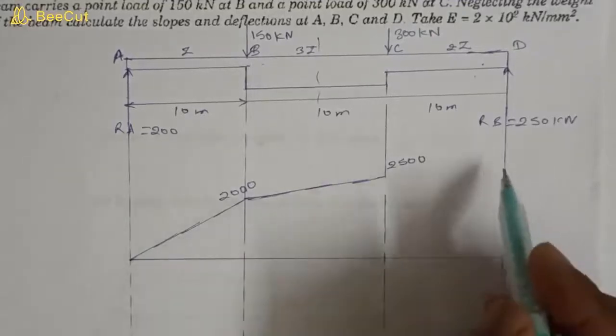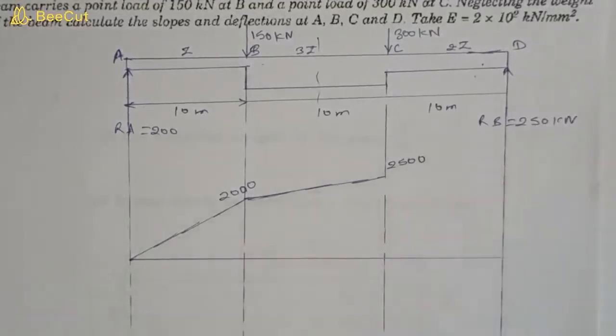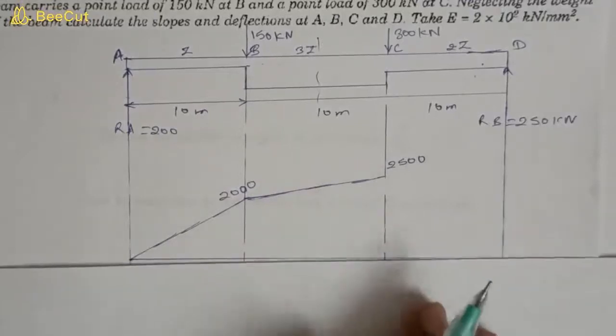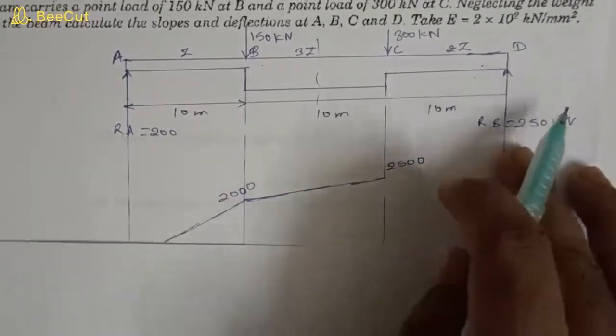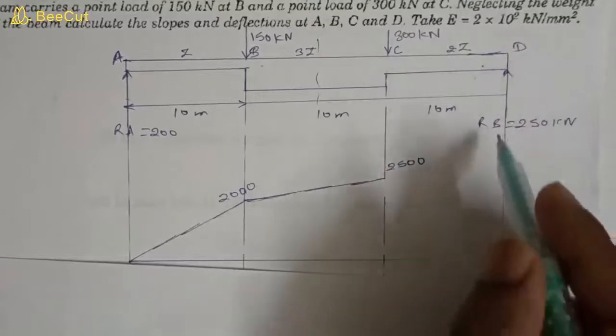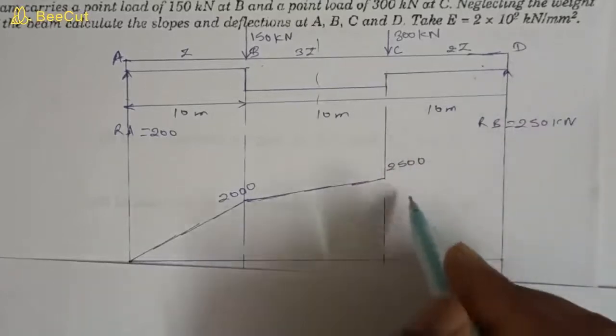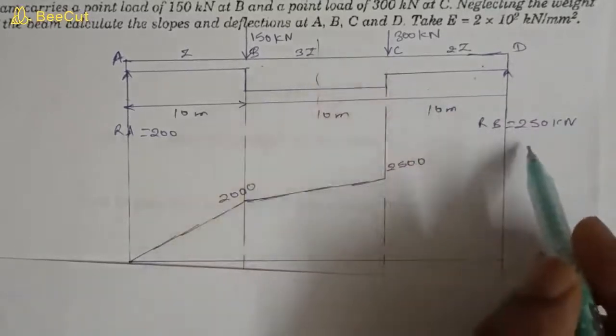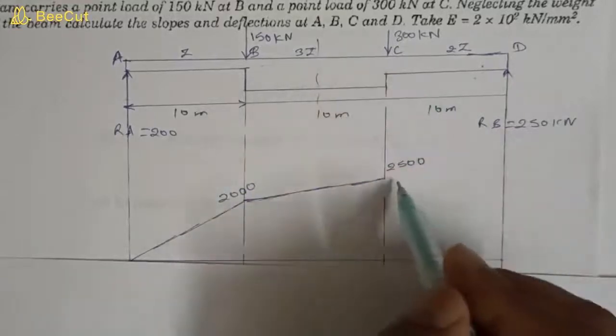Now we have to find the bending moment here. From the right hand side, if you see, it will be 0 here, because RB into 0 is 0, and RB into 10, 250 into 10, is equal to 2500 here.